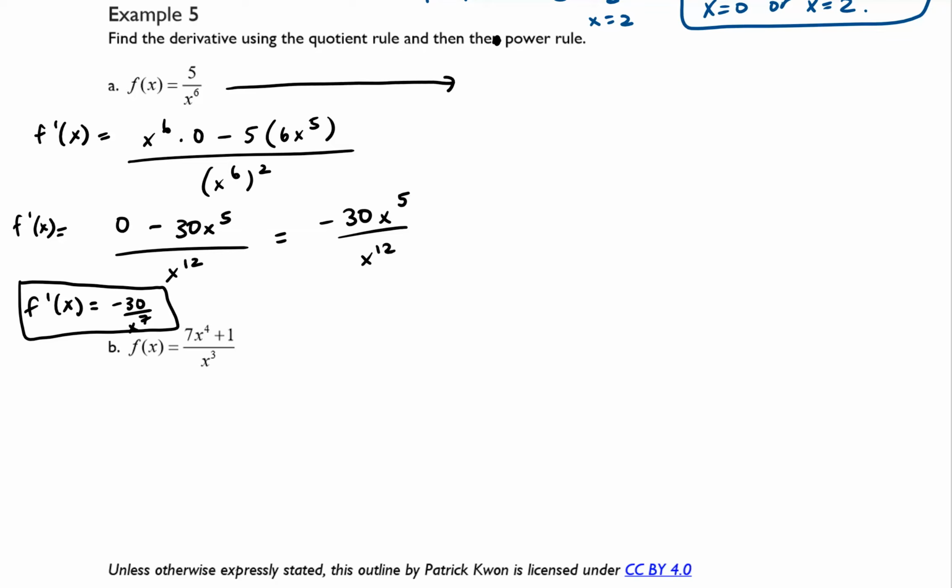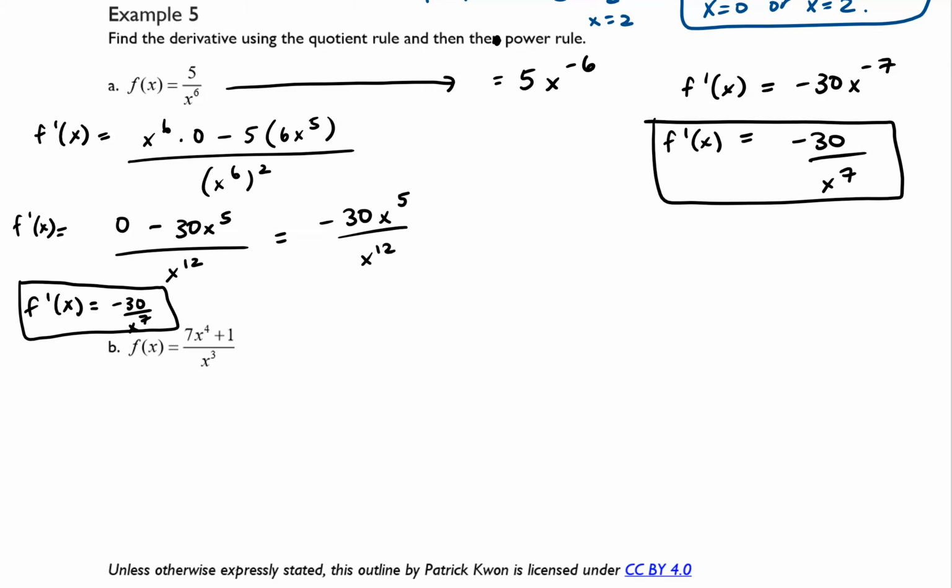So we can rewrite this as 5x to the negative 6th power. And so if we calculate the derivative using the power rule, then 5 times negative 6 is negative 30, x to the negative 7th power, and we could rewrite that so it matches what we got previously. And those match up, so we are good.